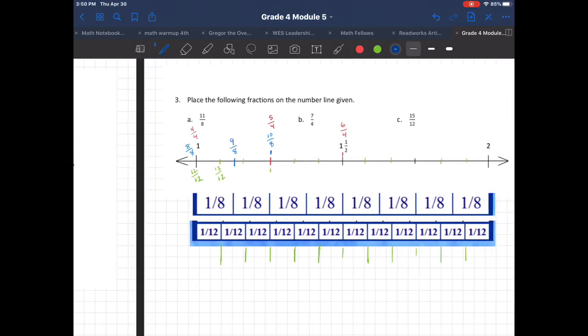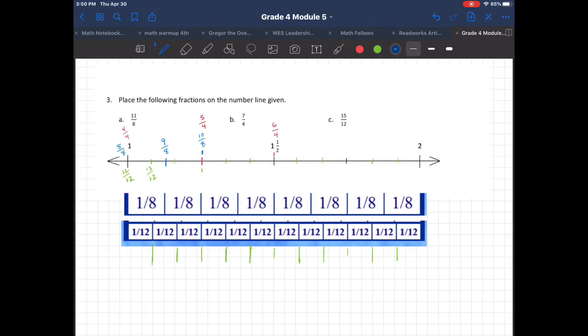Okay. Number 3, I had to paste in a number line because it got even more complicated. So down here on the bottom, we've got some 8ths and we've got 12ths. And again, we're starting with 1, and they ask about 8ths, 4ths, and 12ths.